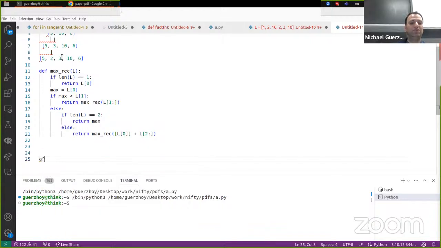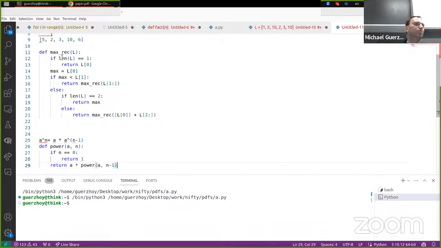I'm just going through the reasoning here. This is mathematically correct, and that translates to this code, where you're saying, because a to the n is a times a to the n minus 1, we'll just return a times a to the n minus 1. And that's got to be correct.